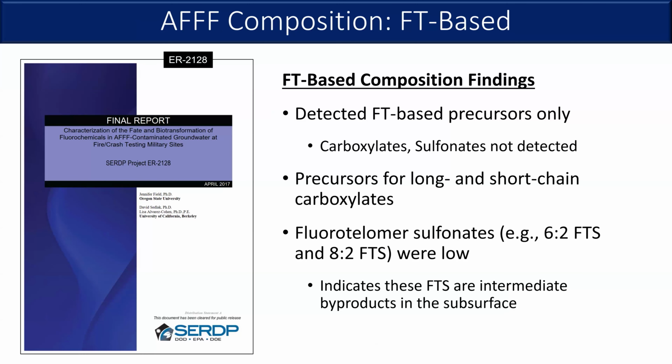Now the other type of AFFF products. One manufacturer used the ECF-based process to produce AFFF. All the other manufacturers use the fluorotelomer-based process. The composition of fluorotelomer AFFF is really fluorotelomers. It's actually got low concentrations of, for example, 6:2 FTS in the raw product.